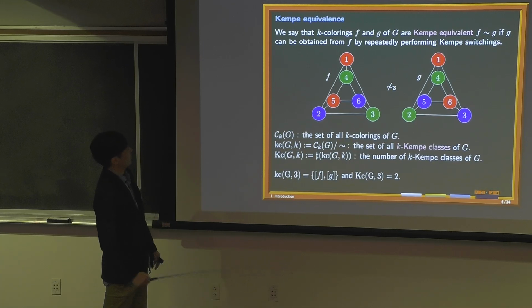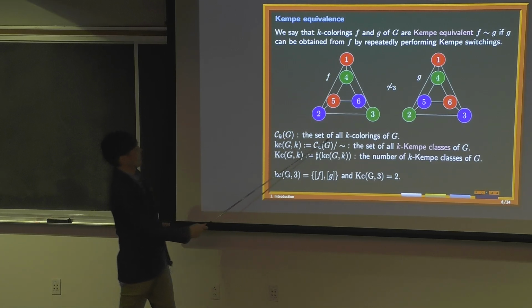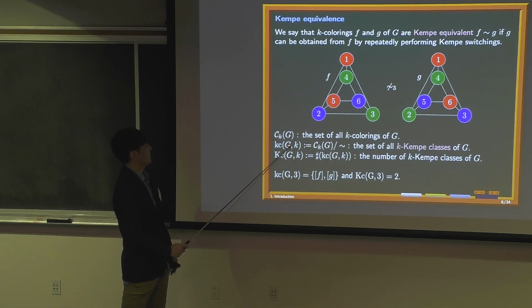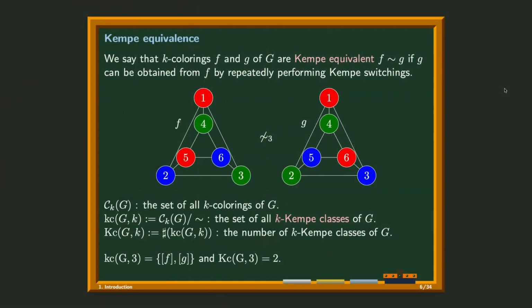We denote by C_k(G) the set of all k-colorings of G, and the quotient of it by Kempe equivalence is the set of the equivalence classes. Each equivalence class is called a Kempe class of G, and capital KC means the number of Kempe classes.